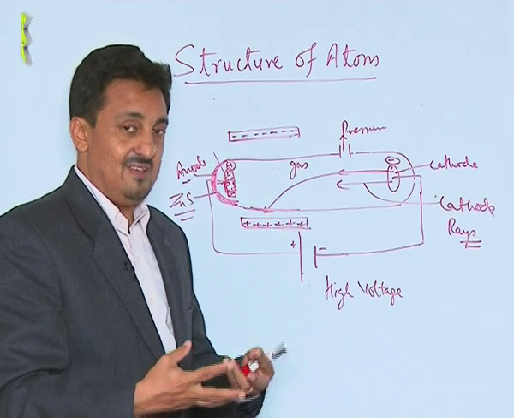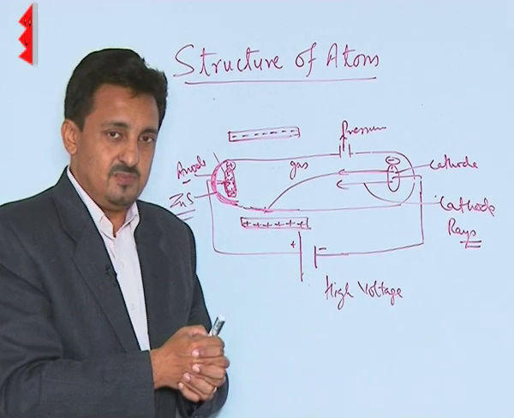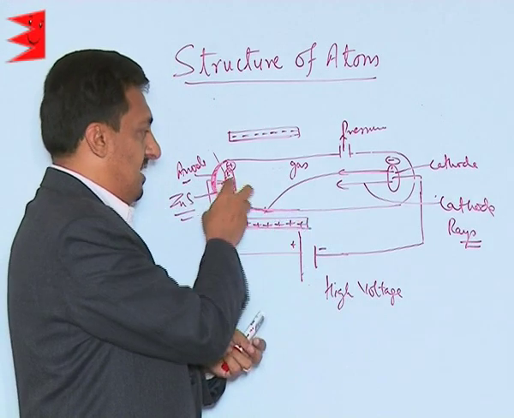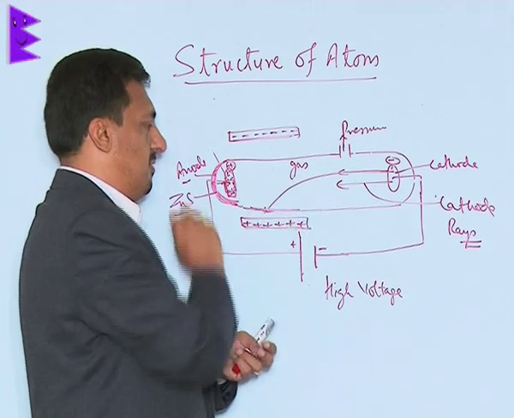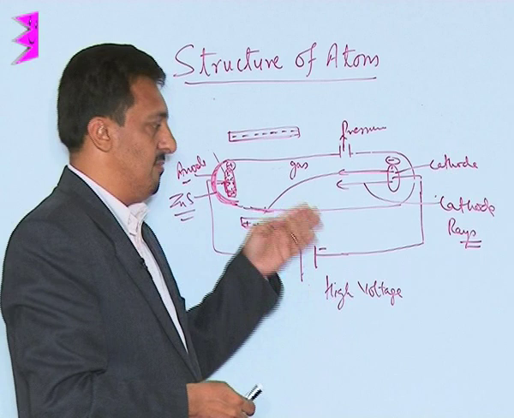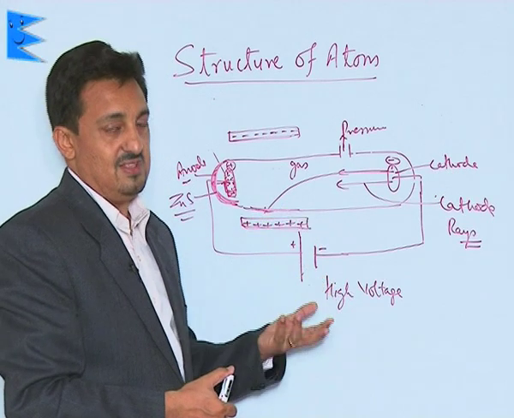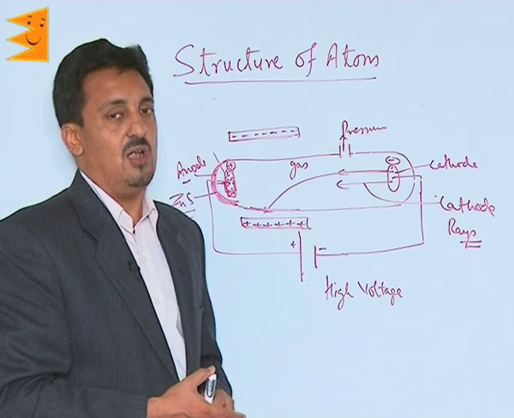Then Goldstein realized, wow, once this is a conductor, it means there are certain charges. The rays are coming out of the cathode, negative charge from the negative electrode, and they are moving towards the positive electrode. They called them cathode rays. And then after doing a number of experiments, it was concluded that these are rays made up of negatively charged particles called electrons.